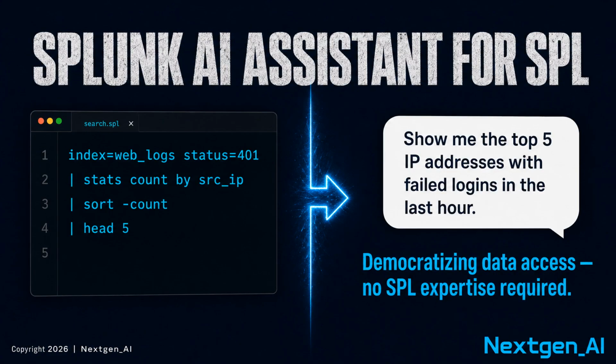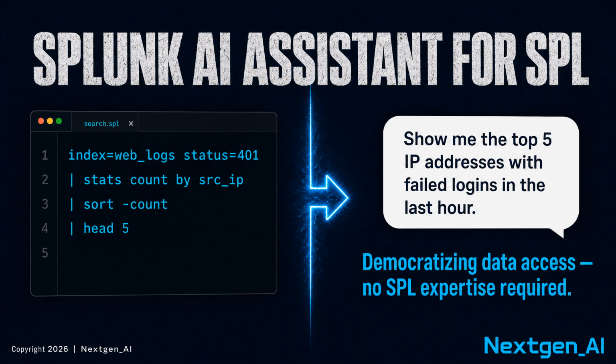A prime example of Agentic Operations enhancing observability is the Splunk AI Assistant. We all know writing complex search processing language, or SPL, especially for intricate data models, is often a significant time sink. This AI assistant fundamentally shifts that paradigm, allowing engineers to simply articulate their investigative intent using natural language.